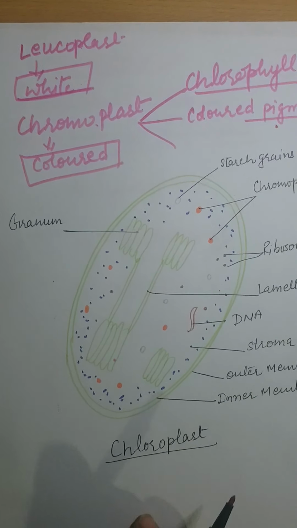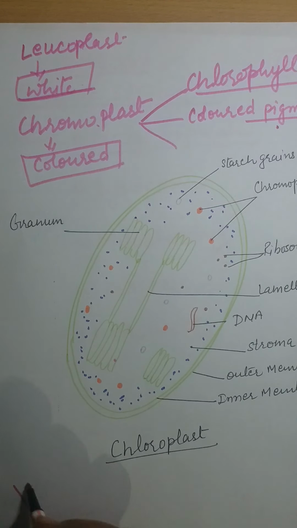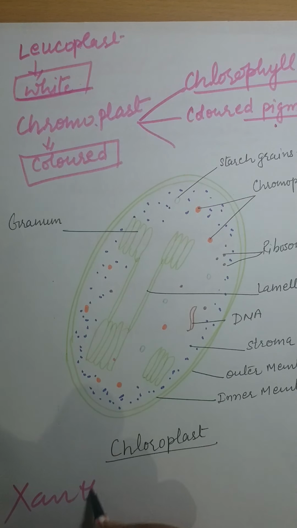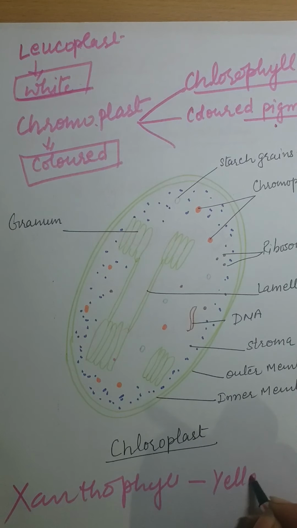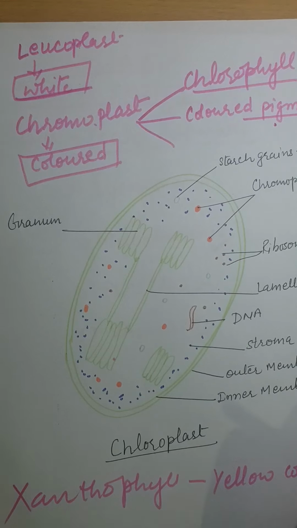So I'm telling you one of the pigments, that is xanthophyll. It gives yellow color to the bell pepper or papaya.